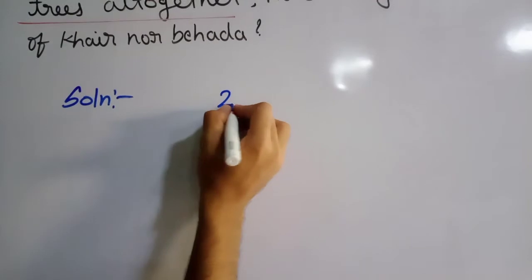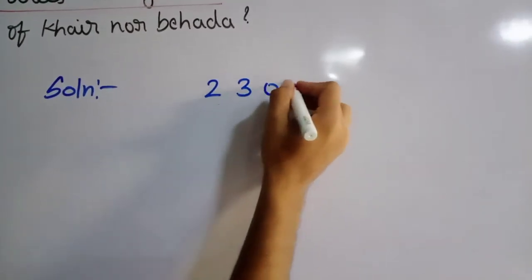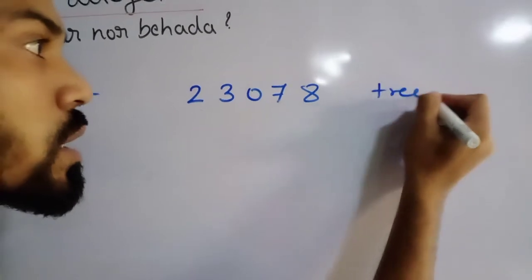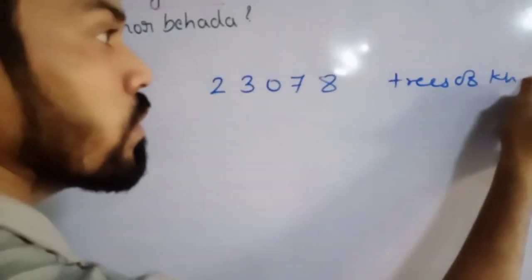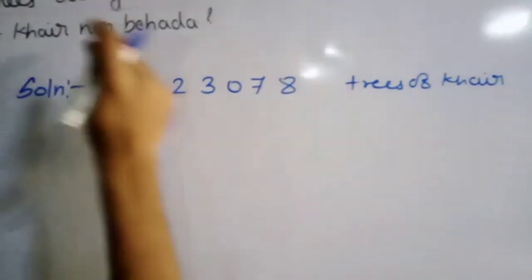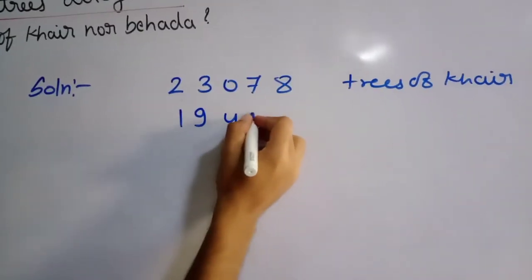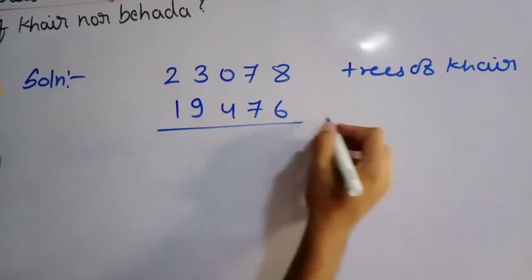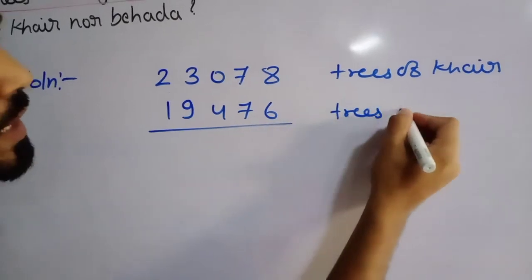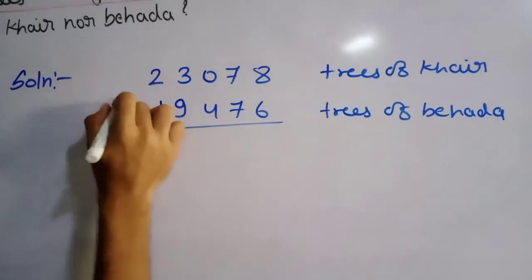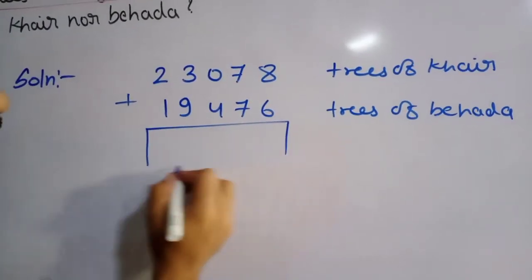The first one is 23,078, that is trees of Khair, and the second number we have is 19,476, that is trees of Behda, and these two we are going to add.